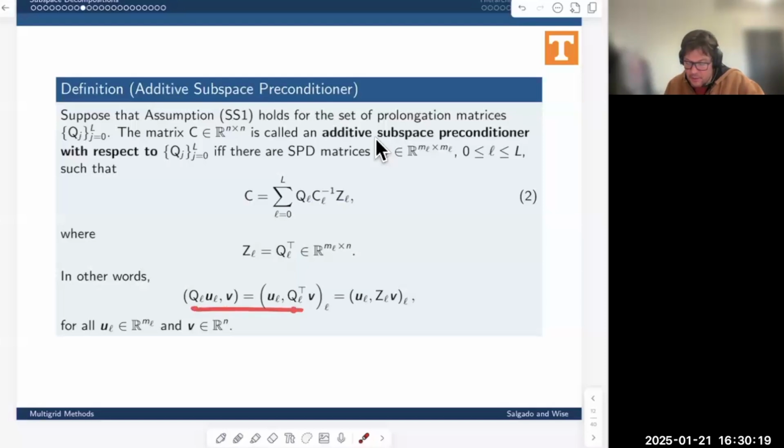which is exactly what's going on here. Let's make sure that everything makes sense in terms of multiplication. So QL, this is n by ml times an ml vector. So this becomes an n vector. And this is an n vector. If I don't write anything in the bottom here, this means the canonical inner product for Rn.